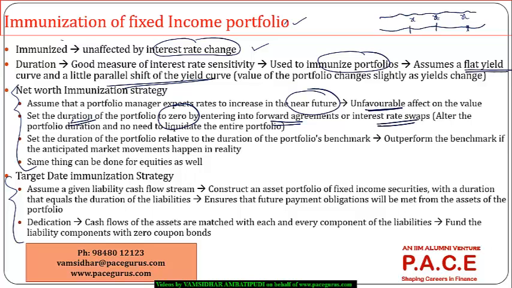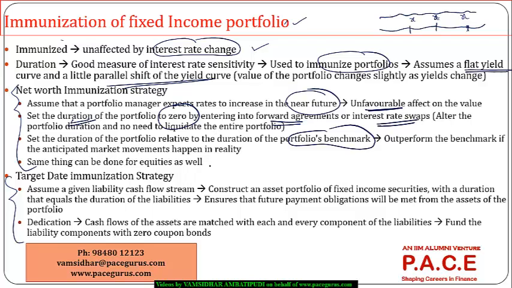In some cases, I don't want the portfolio duration to be 0, but I want to set it more or less similar to that of some benchmark. So I'll find out the duration of the benchmark and set the duration of the portfolio relative to that of the benchmark. So if the anticipated movements happen in reality, my portfolio is going to outperform the benchmark, otherwise it will underperform the benchmark.